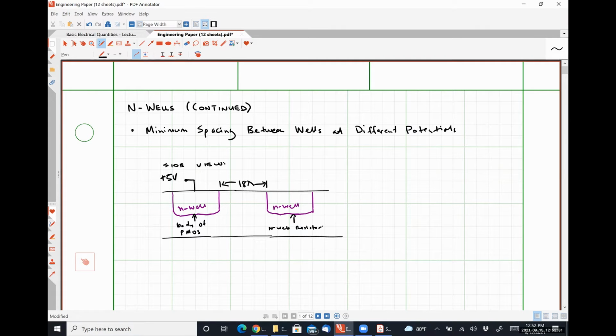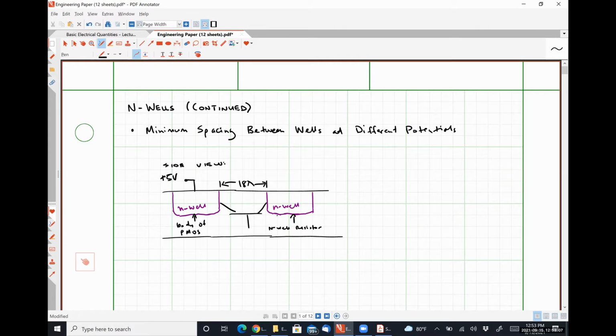What happens is we have a parasitic BJT. We have an N-type region at a very high potential, a P-type region at a very low potential, and then another N-type region at some intermediate potential, which could potentially cause this N-well BJT to turn on, which is going to mess everything up.